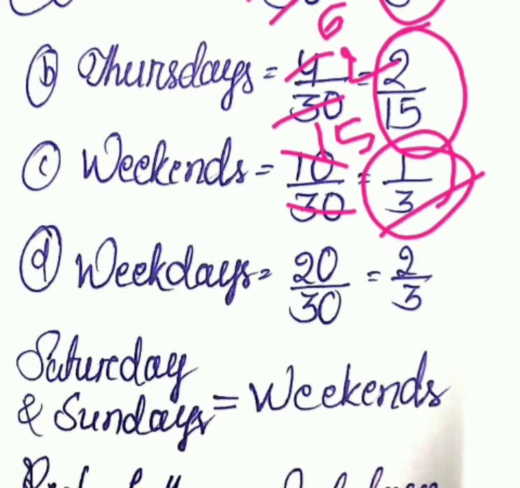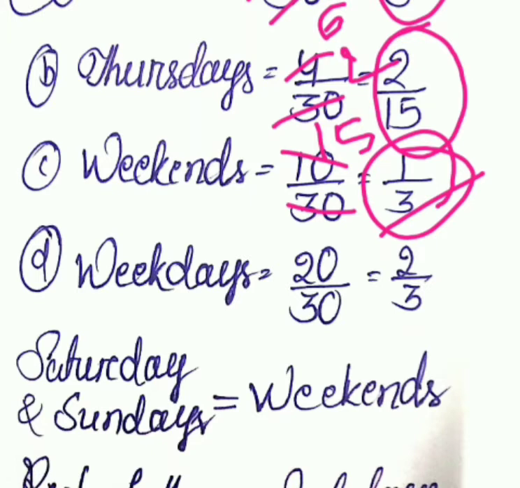Now weekdays. Out of the total days of the month April, except the Saturday and Sunday, the rest of the days are weekdays. So Saturday, Sunday is 5 and 5 days, that is 10 days. So out of 30, how many days are left now? 20.